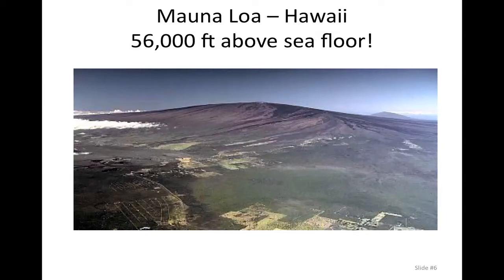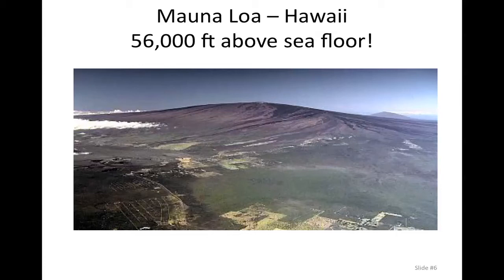What I mean by very large is that this volcano has built up from the sea floor to a peak that is 56,000 feet above the seafloor. That is a lot of lava. Just to give you reference, Mount Everest is 29,029 feet tall from sea level to the top.